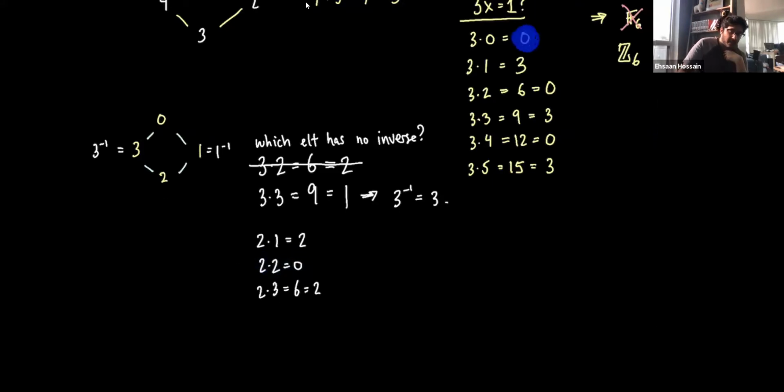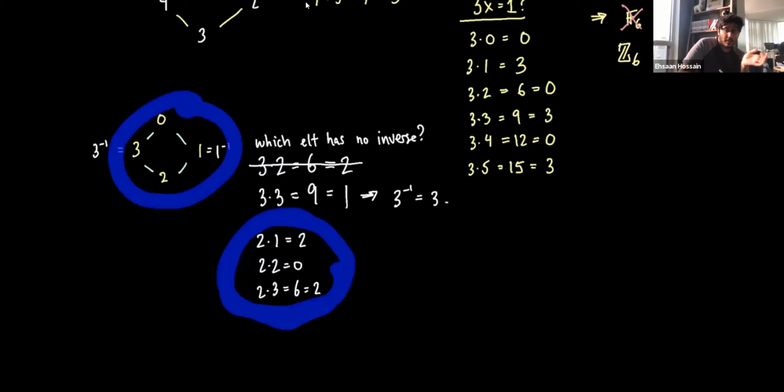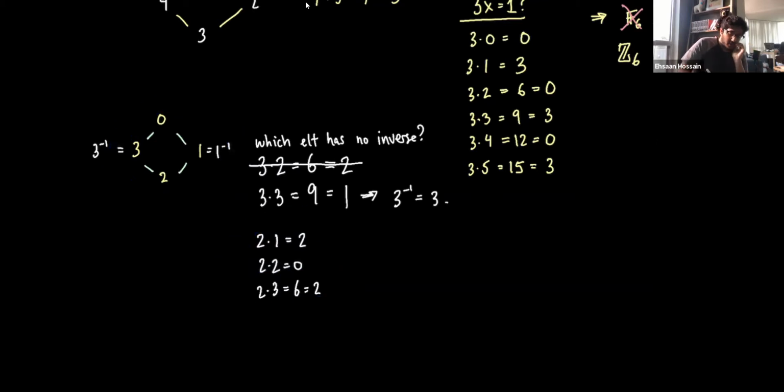That's what happened last time. There was a 0 here, and 3 had no inverse. If you can multiply by something else, something non-zero, and you get 0, then there's no inverse. And another way to see that is we just checked that none of the numbers in the clock multiplied to get 1. So 2 has no inverse.